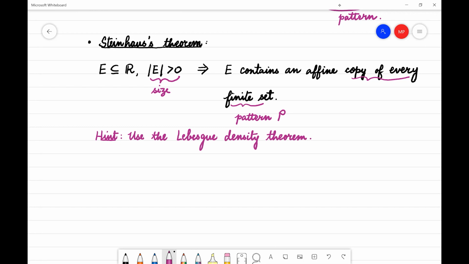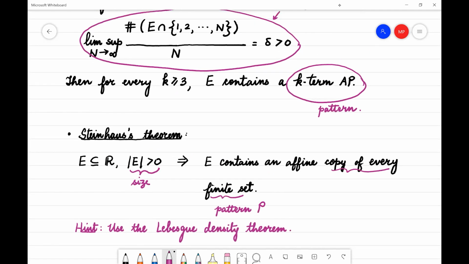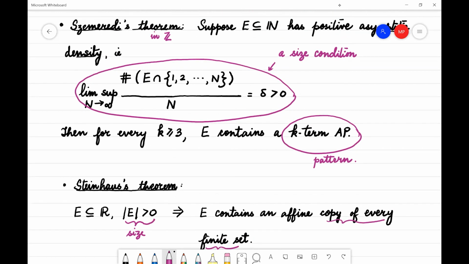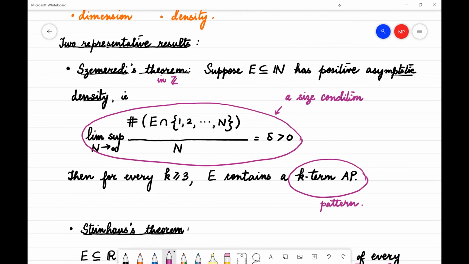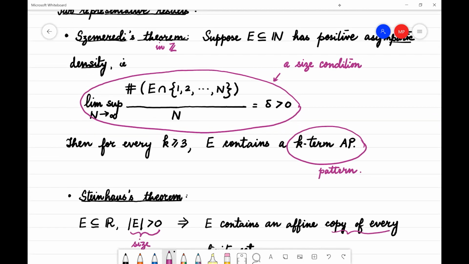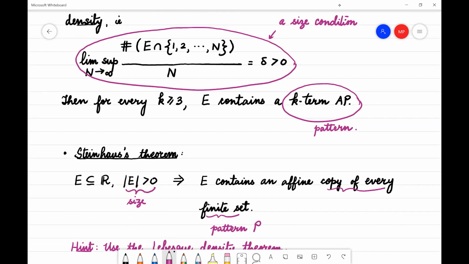Now, the bulk of my talk is once I have given you an idea of what results in this area typically look like. There are many. So can I ask you a question? Yes, please. So Steinhaus's theorem is a theory in real analysis, is it? Yes, this is a result in real analysis.